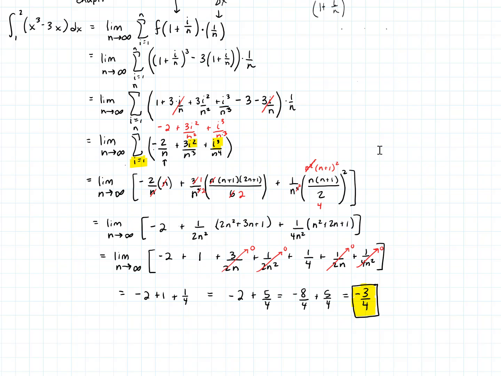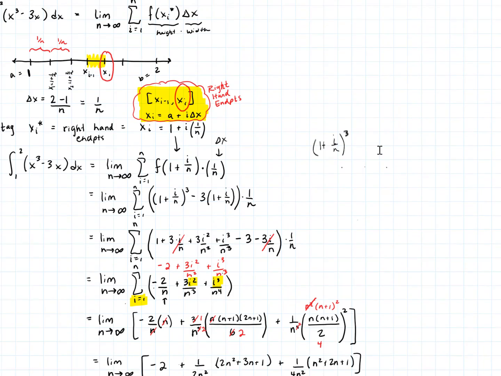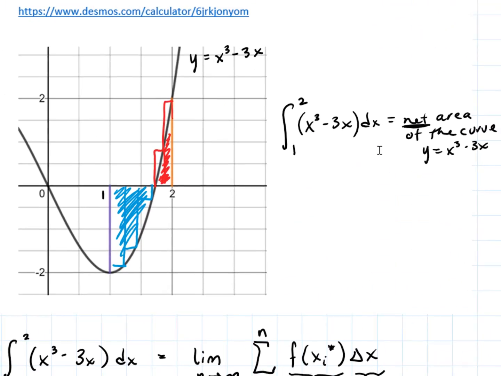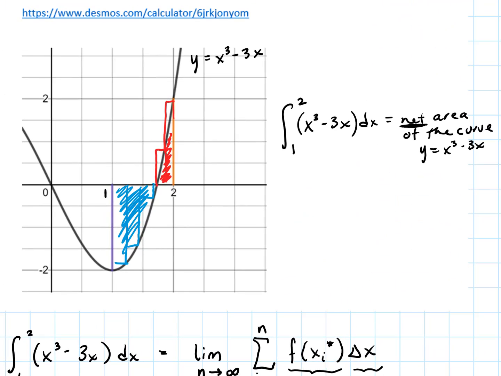And each of the terms, of course, that had a constant divided by n to some power in the denominator went to 0. And then just the final result ended up being -3/4. And we can kind of get lost in what we're doing, but remembering that this is representative of a net area. And so if we go back to the graph that we had up here in the beginning, and I'll get rid of my rectangle.